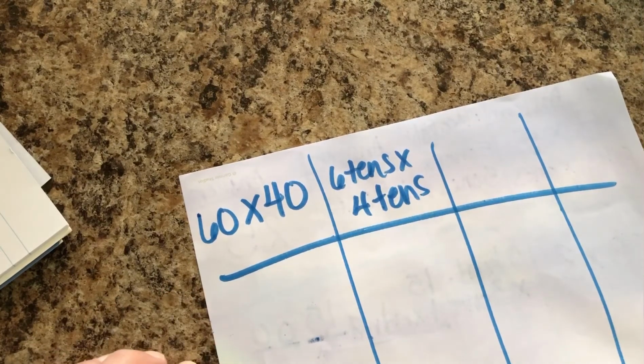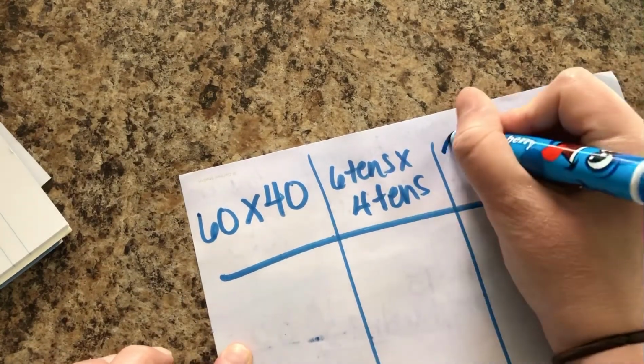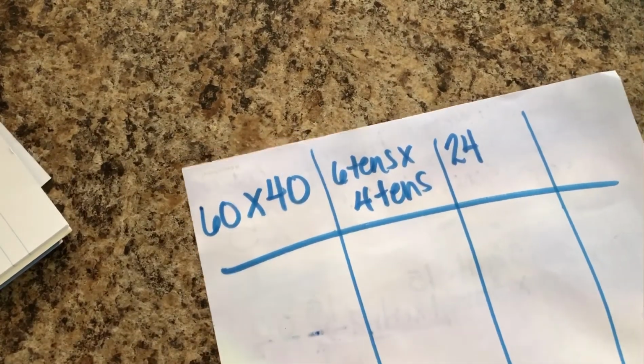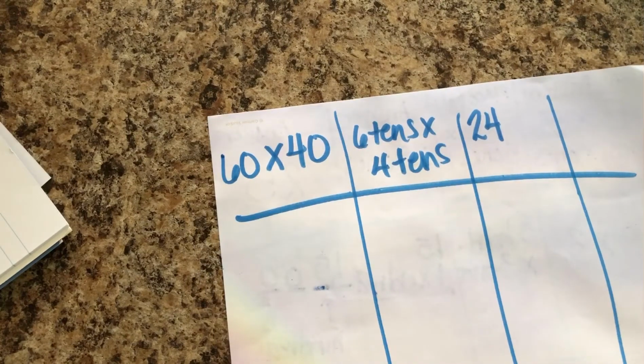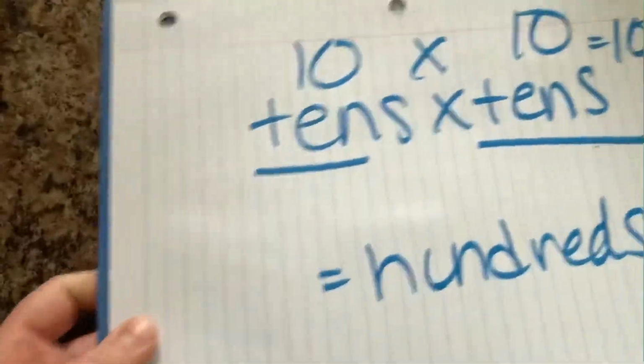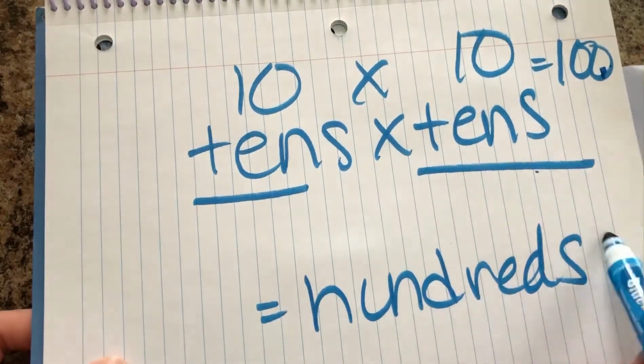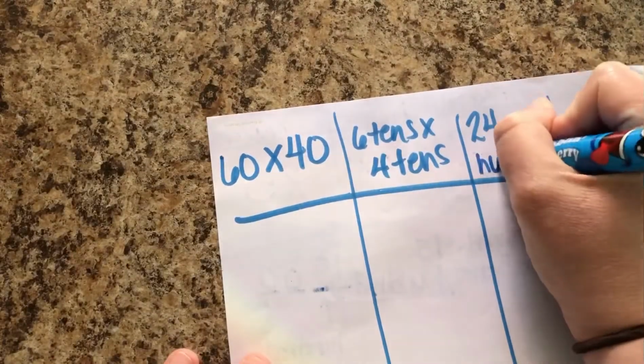So let's think about that. So we have 6 times 4. That gives us 24. But remember, is it tens? Is it ones? Is it hundreds? Is it magically thousands? What do we know? Boom, we know 10 times 10 is 100.